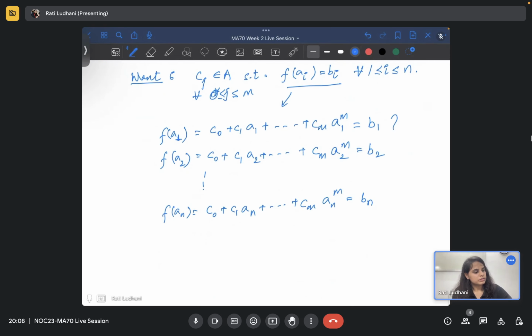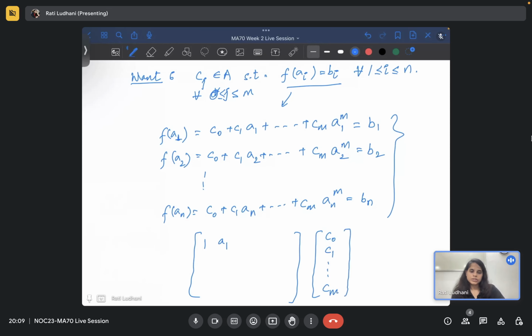So these are just a system of equations. The coefficients are variables that you need to figure out, right?